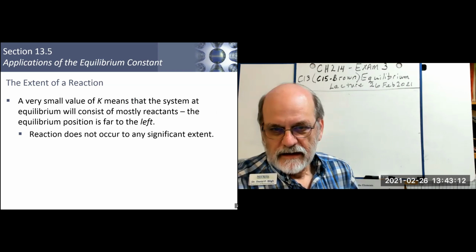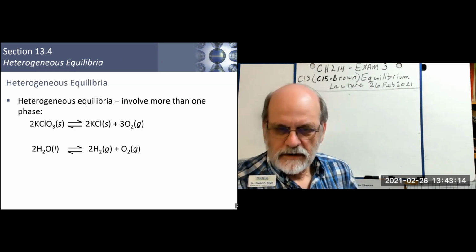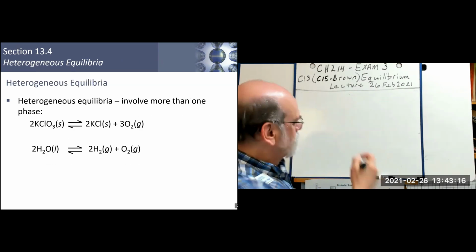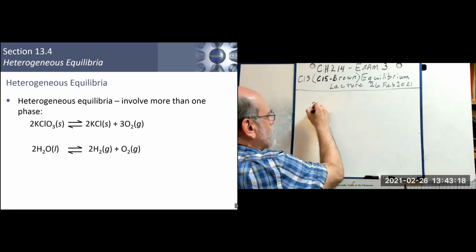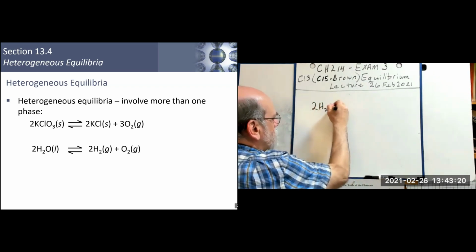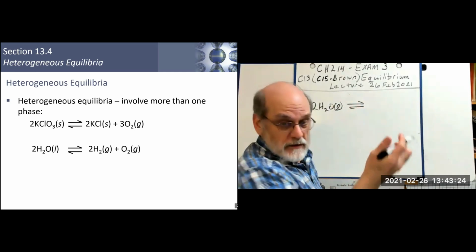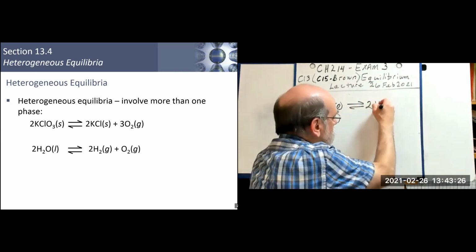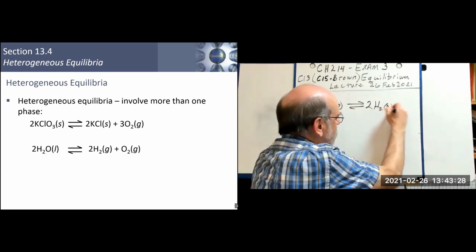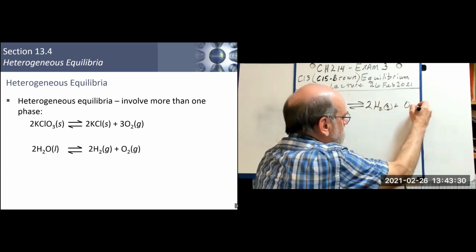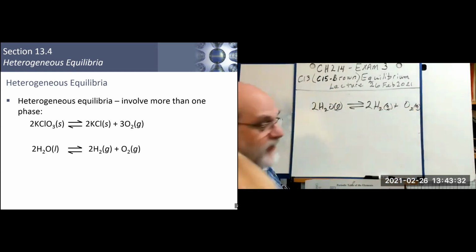Let's see. I didn't do the other one. How about this one? So if you have two water molecules that are liquid and they produce two hydrogens and one oxygen, how would we write that expression?